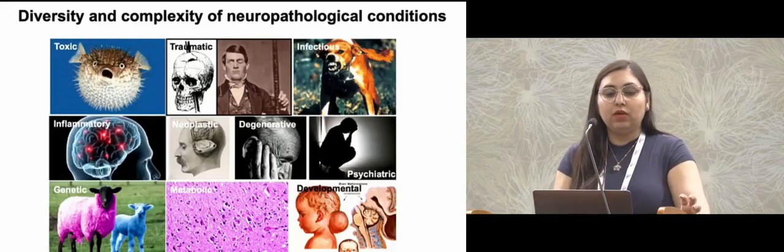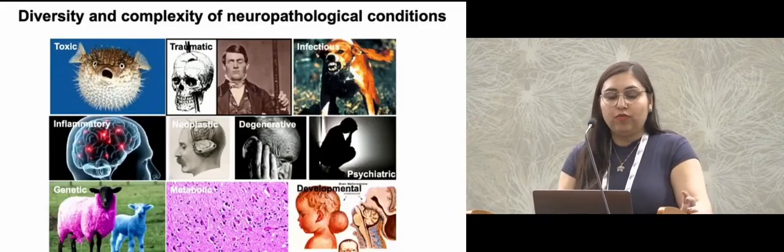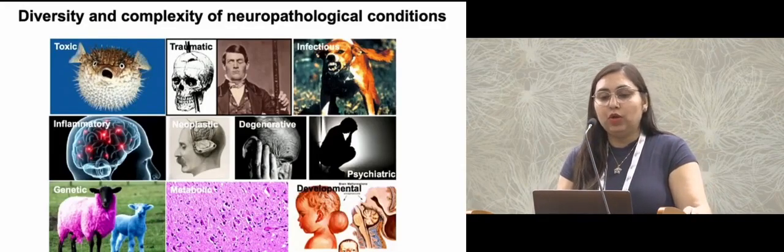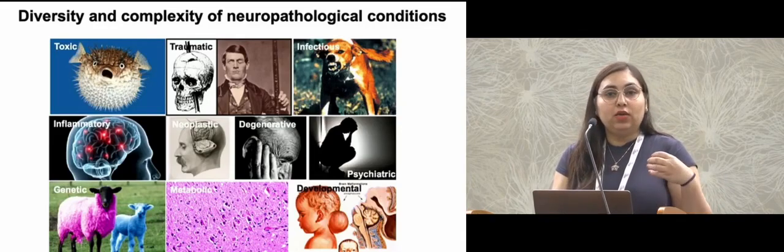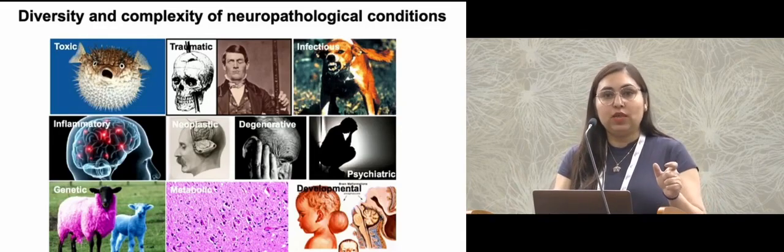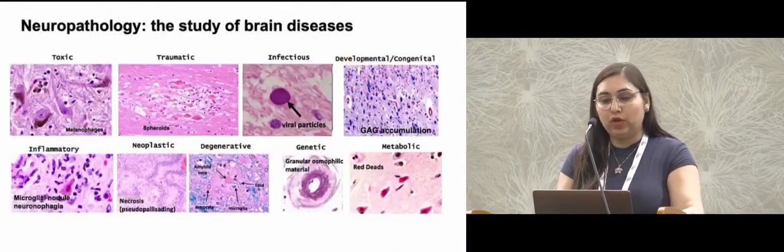So here I'm giving a brief overview of the diversity and complexity of neuropathological conditions. For example, here we can see there is toxic, traumatic, infectious, inflammatory, neoplastic, degenerative, psychiatric, genetic, metabolic, and developmental neuropathological conditions. So if we are going to look at the whole slide images or tissue sample of these specific neuropathological conditions, they will look like these.